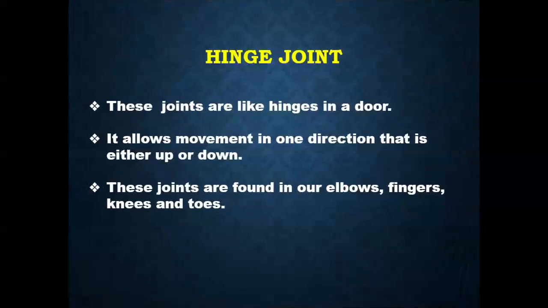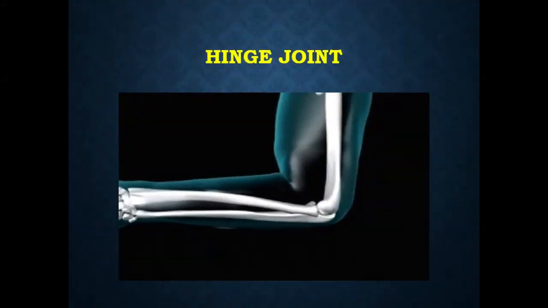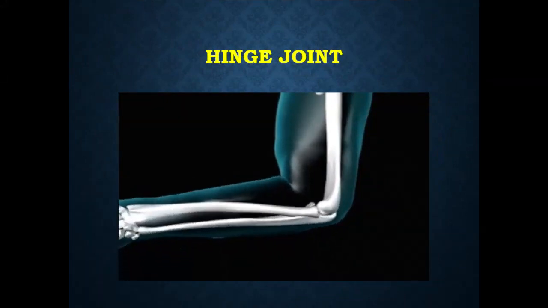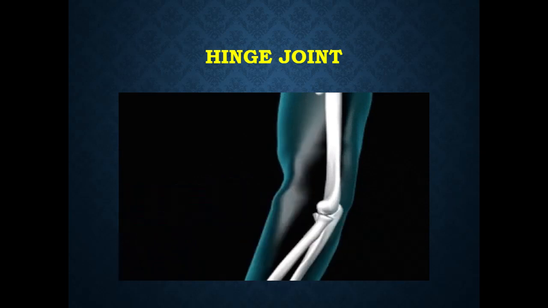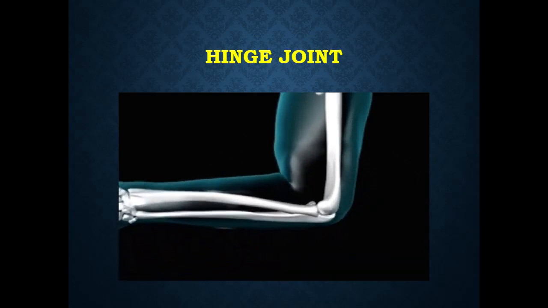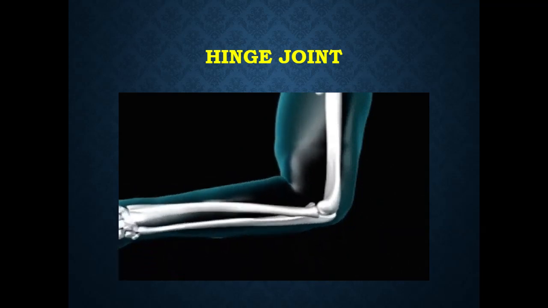So it is very clear that this joint allows movement only in one direction, and these joints are found in our elbows, fingers, knees, and toes. You can see the structure of the elbow here, and we can move our elbows only in one direction, either up or down.